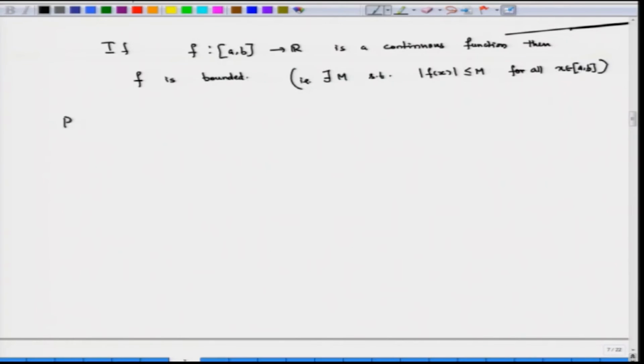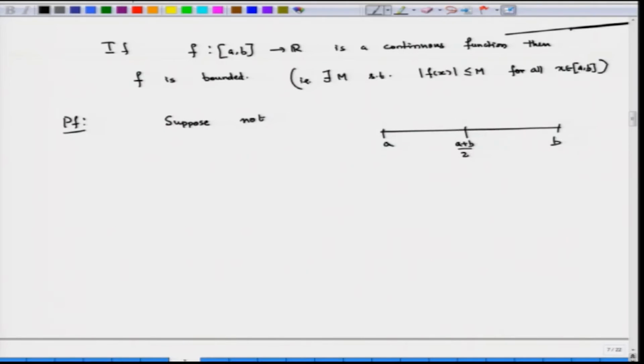Now, the proof is very interesting. Suppose f is not bounded. I have an interval [a, b]. If I divide it at the midpoint, let me call this (a+b)/2, into two parts, then in at least one of these sub intervals f is unbounded.